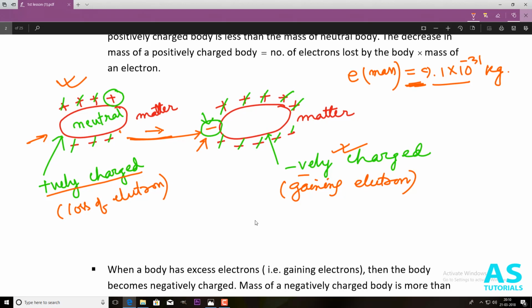When electrons are removed, the mass should decrease. So we can say that when a body is positively charged, the mass of the body decreases.